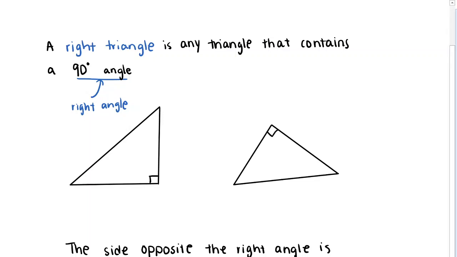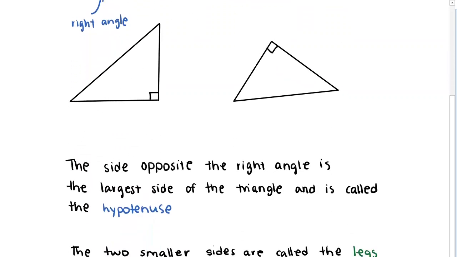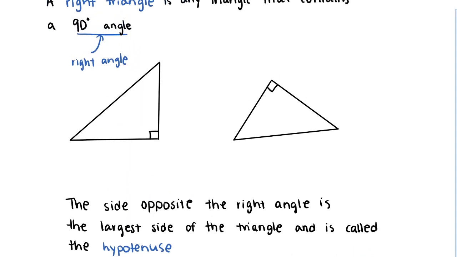Okay, so the side opposite the right angle in a right triangle is the largest side of the triangle, and usually we call it the hypotenuse. If I go back up to these two triangles, the hypotenuse in this first triangle is this side here, and the hypotenuse in the second triangle is this bottom side here, the side opposite that right angle.